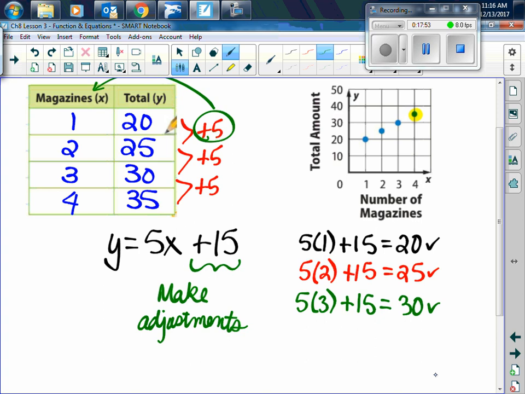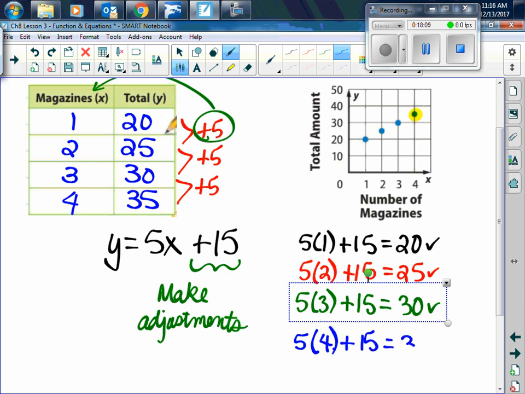That is equal to 30. Check. And then lastly, let's check for x equals 4. So 5 times 4 is 20 plus 15 is equal to 35. And we got them all right.